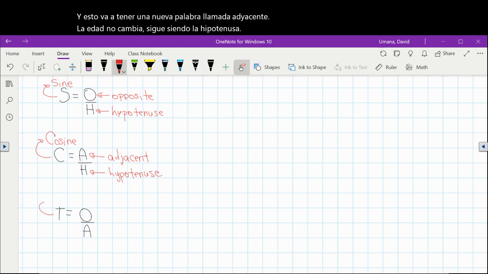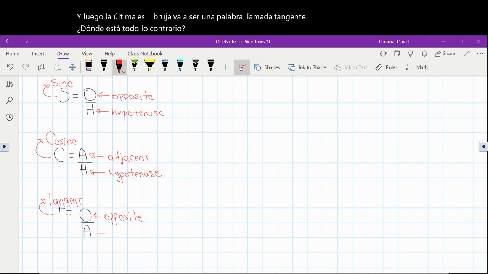And then the last one is T, which is going to be a word called tangent, with the opposite and the adjacent.